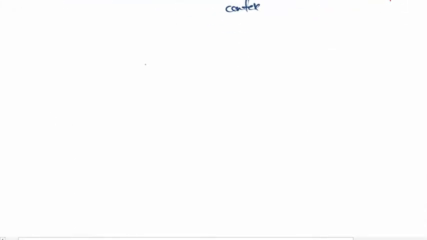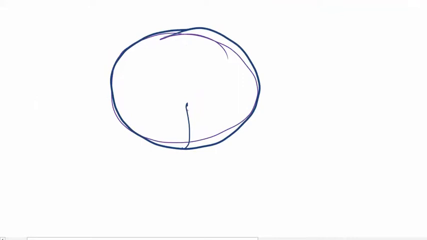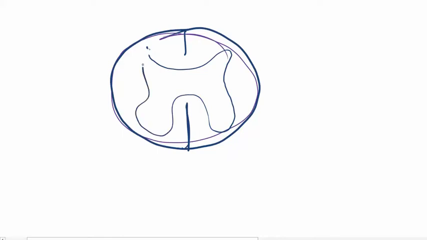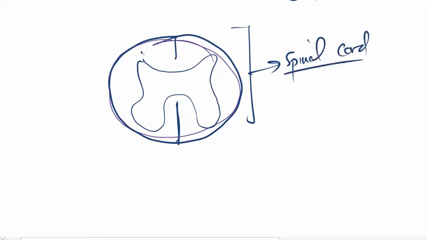Okay, so let's say here, right? So this is our spinal cord, right?